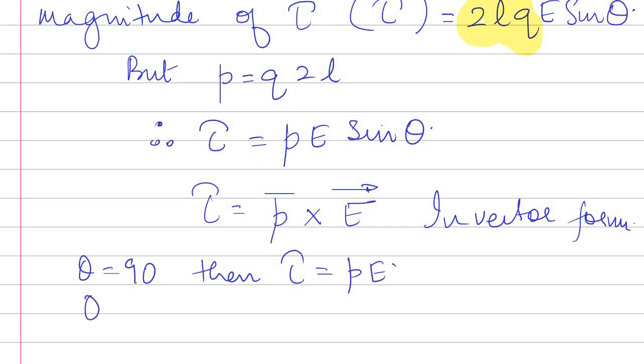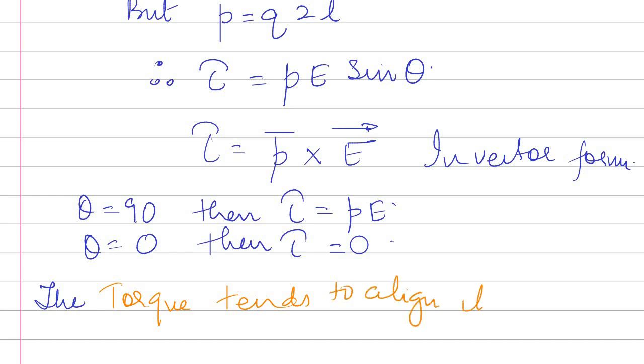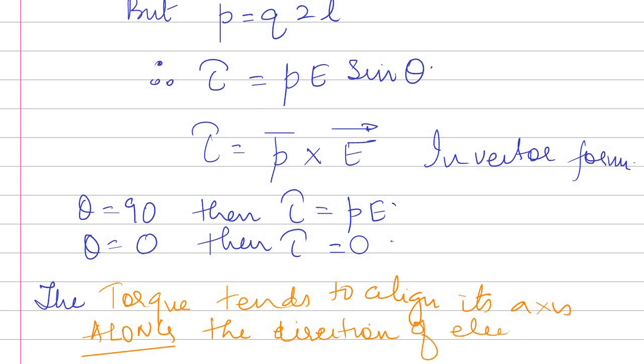If theta is equal to 0, then tau is equal to 0, which basically means the torque tends to align its axis along the direction of the electric field. Tau bar is equal to P bar cross E bar.